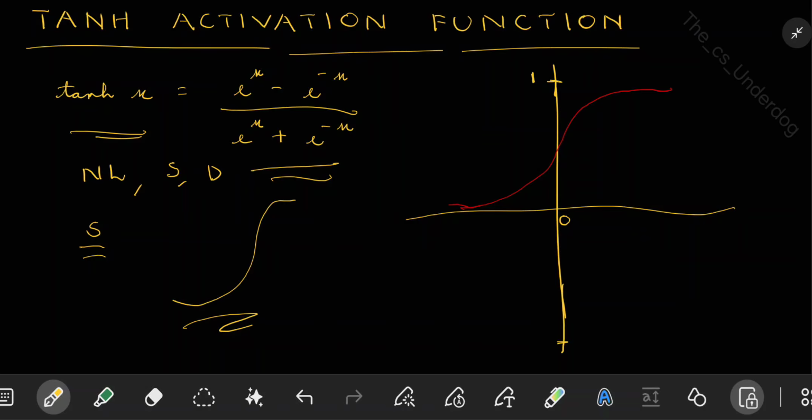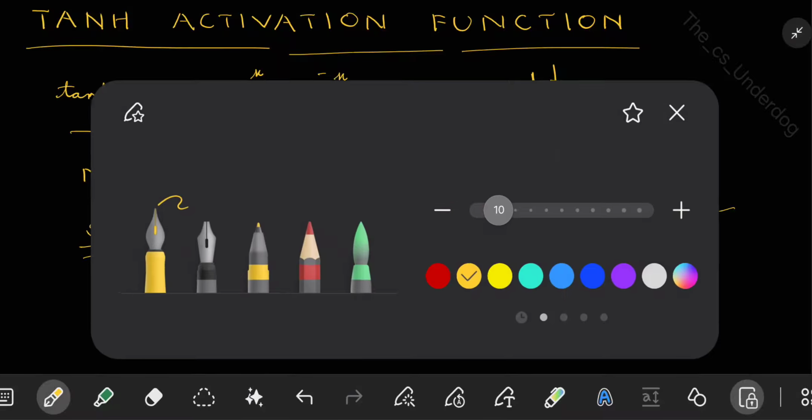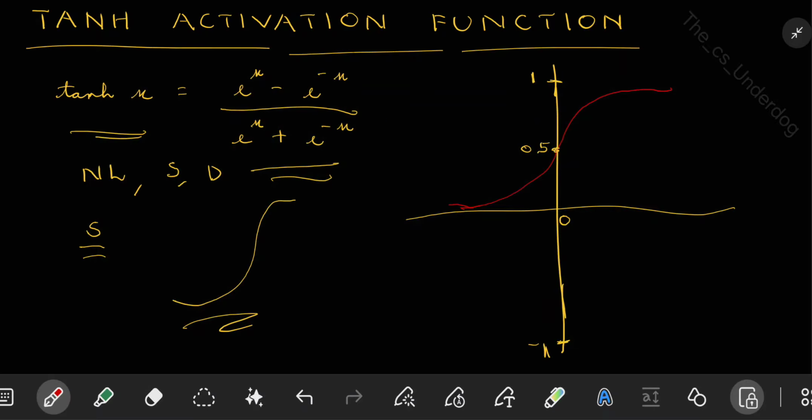Let us say there is -1 somewhere here. Sigmoid was actually taking values in the range 0 to 1 and it had a sigmoid shape, and the central point was 0.5. This was the scenario with sigmoid activation function. This is sigmoid of x.